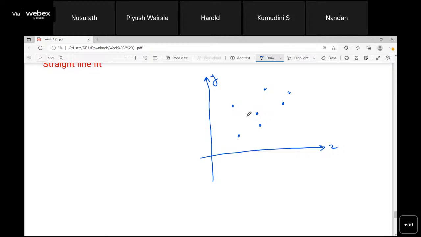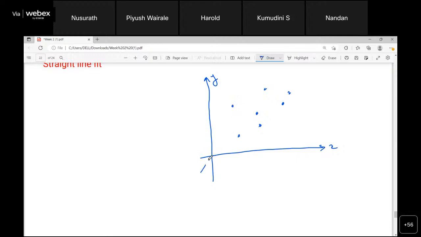Now we have to find a baseline such that it will cover all the points, but it is not possible, right? If passing through the origin, there can be multiple lines. So we have to choose which line is the best fit for this particular graph.